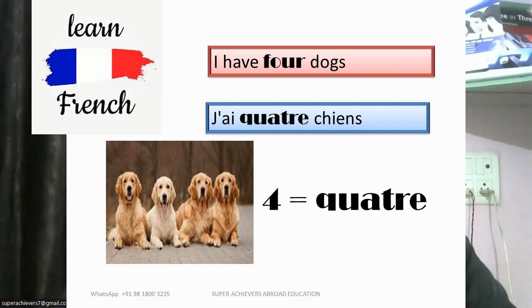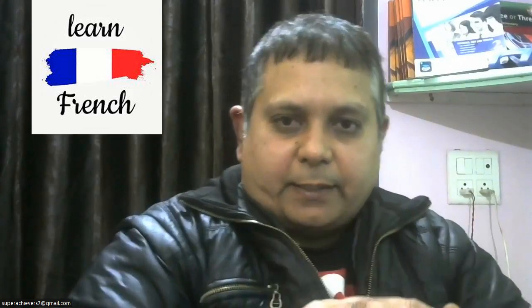So in French, if we say we have four dogs, we will say J'ai quatre chiens.